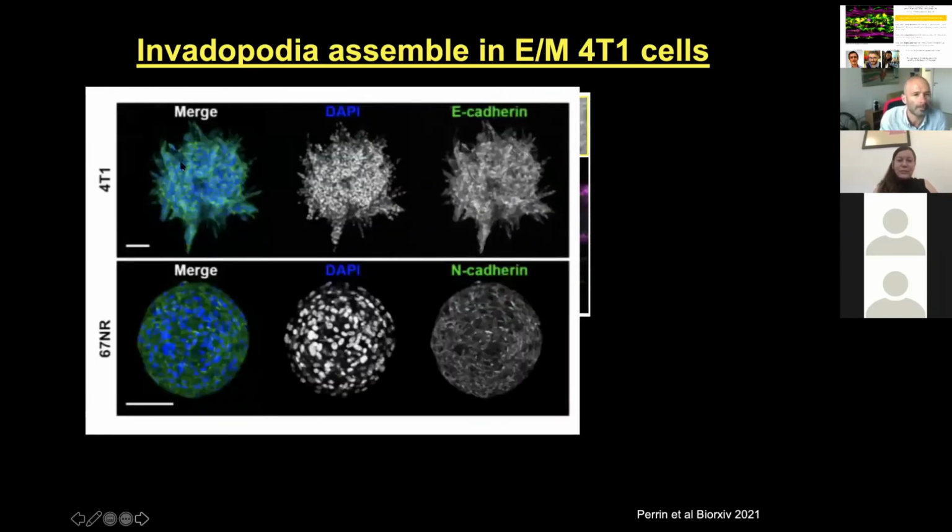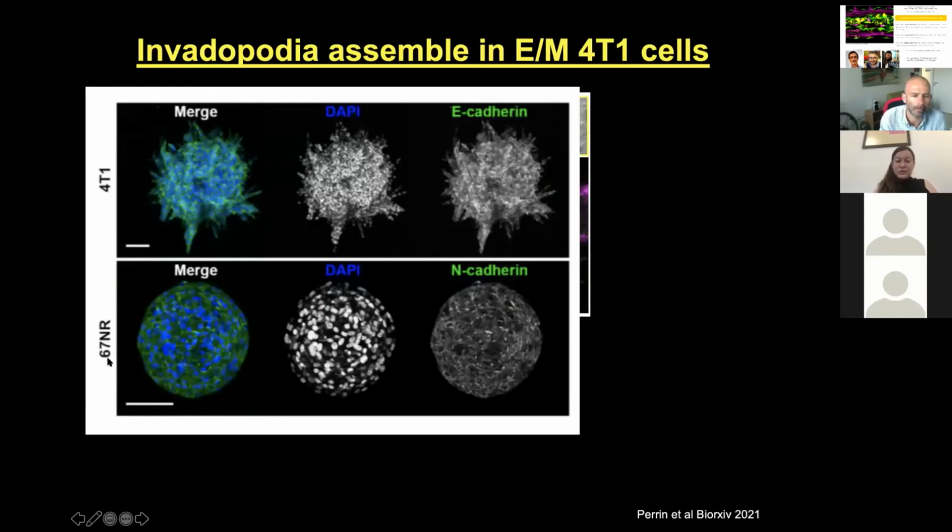When you form a spheroid made of 4T1, it has E-cadherin, and it's invading pretty quickly, and we're contrasting it here with a different clone that was isolated from the same exact tumor. So these are isogenic cell lines.